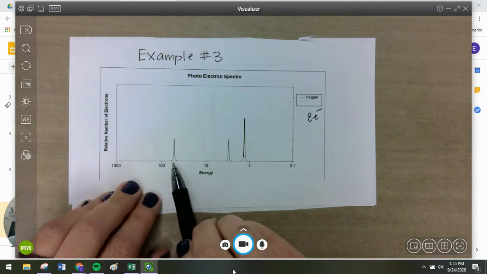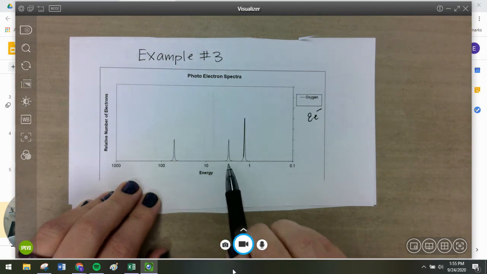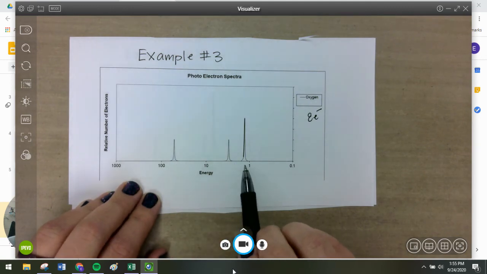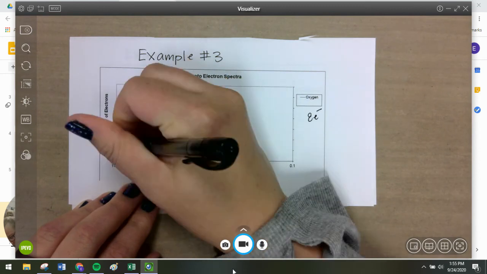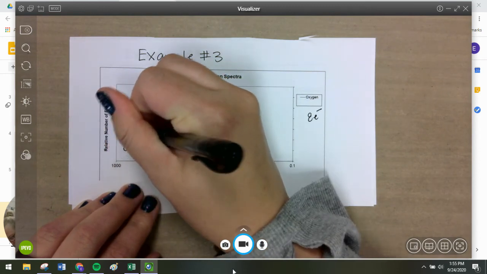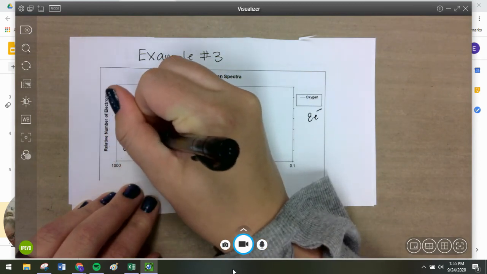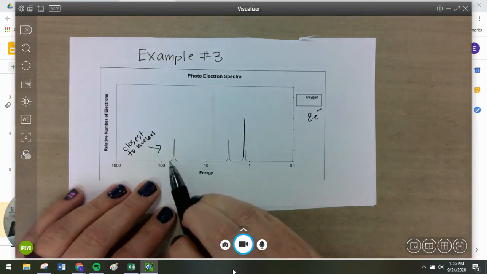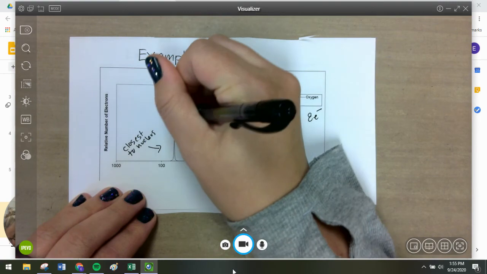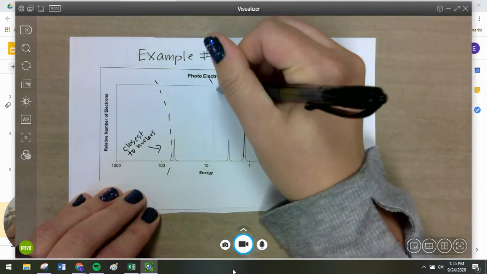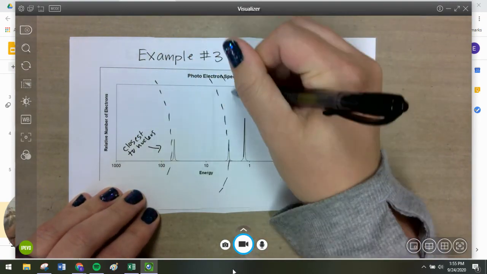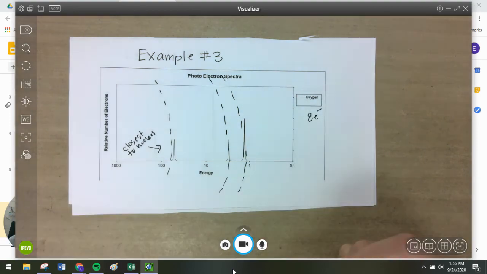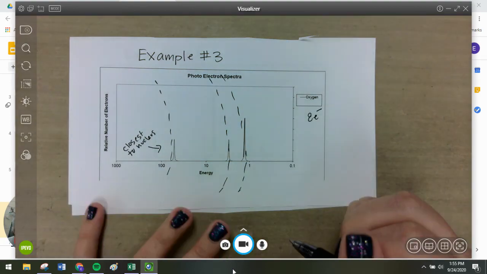So we have a number under 100, and then a number under 10, and a number close to 1. So this peak here is closest to the nucleus. Okay, and we have 8 electrons. So this is our first shell here, our second shell, and our third subshell. So we've got our 3 subshells for oxygen.